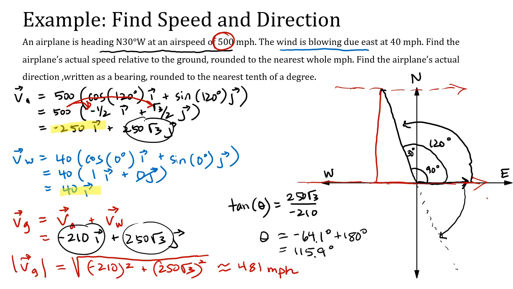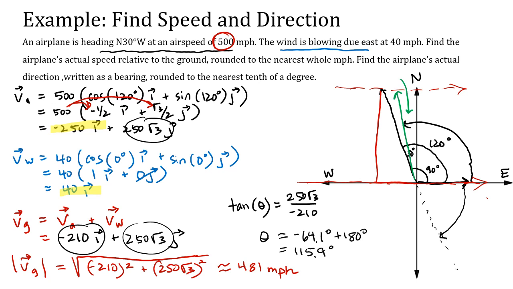The bearing, let's see if I can just get this vector. I'm going to put it in green. I don't know if that's going to make it worse, but here is the new location of this vector. The bearing is the angle between that vector and either the north or the south. In this case, it's the north. So we know that that whole angle measure in that second quadrant is 90 degrees.